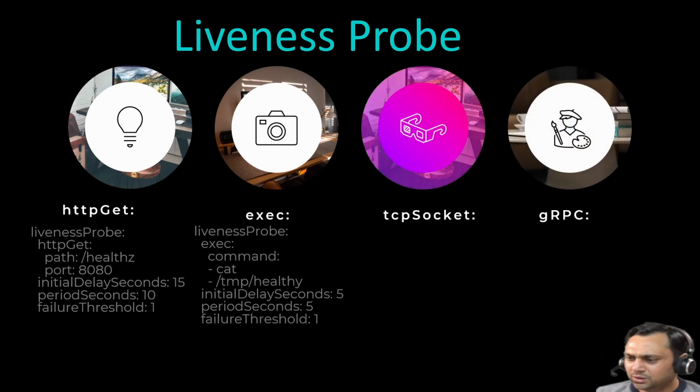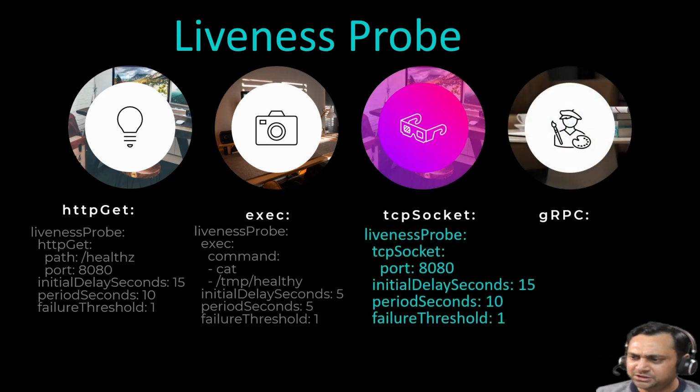Let's move to our third one, that is TCP socket. In this configuration, we define the TCP socket and the port number is 8080. It will send traffic on this port number 8080 and the rest of the variables are the same. I'm not going to explain all these values again, but for you this is clear.